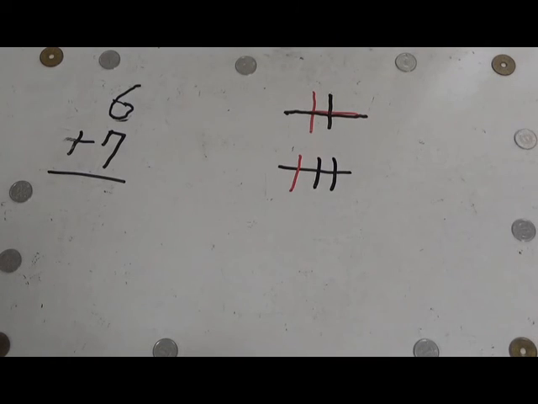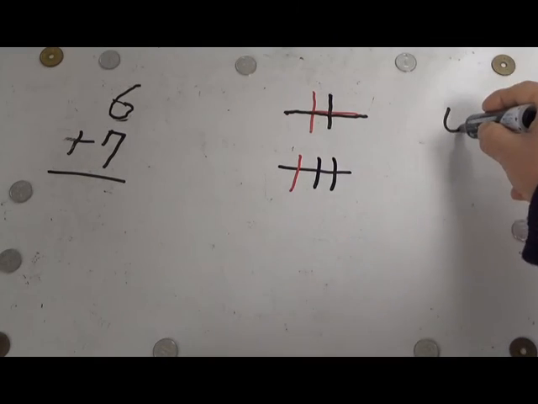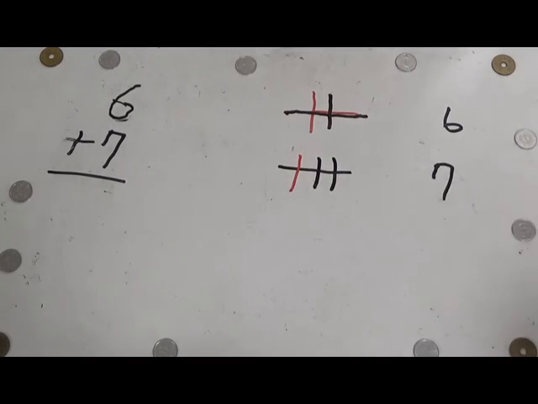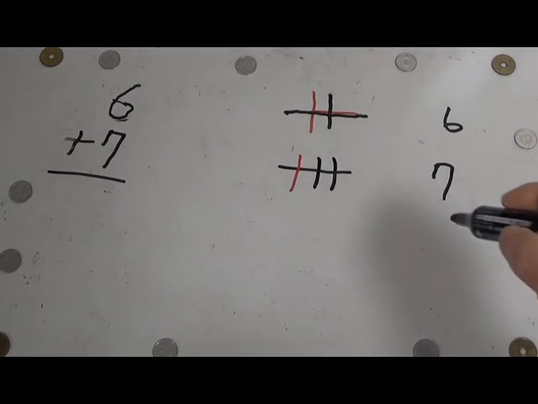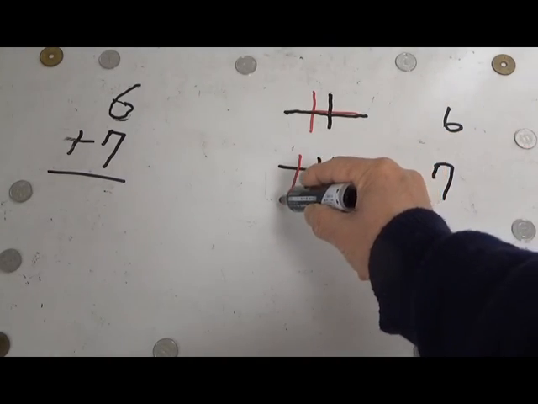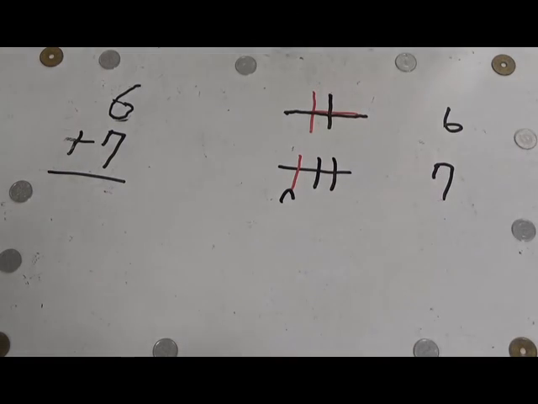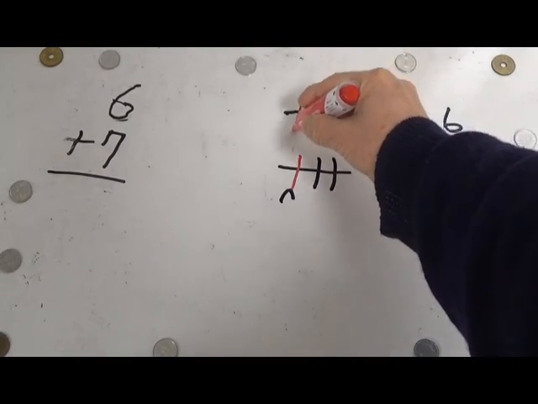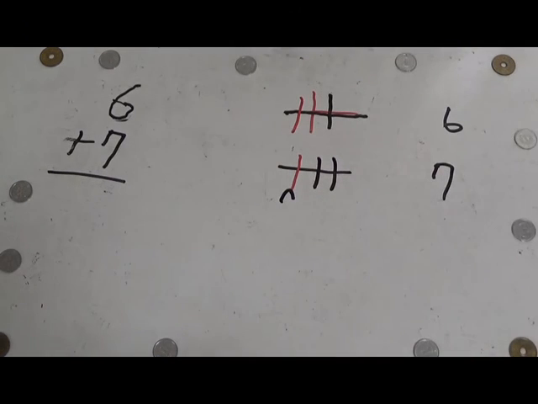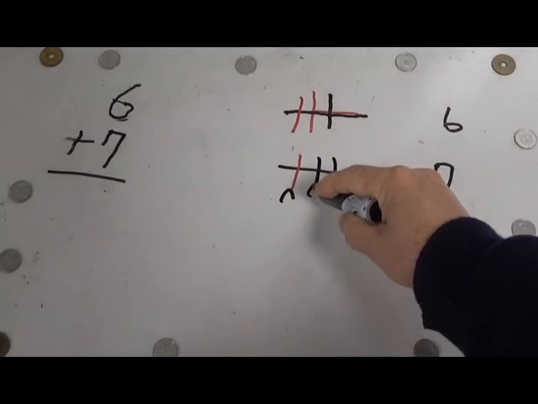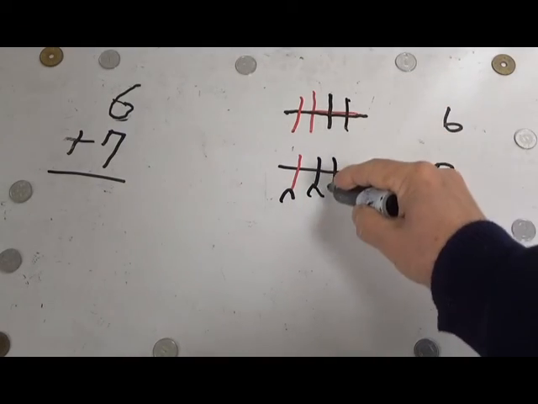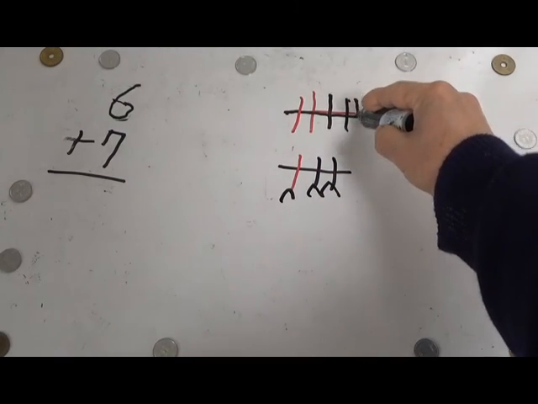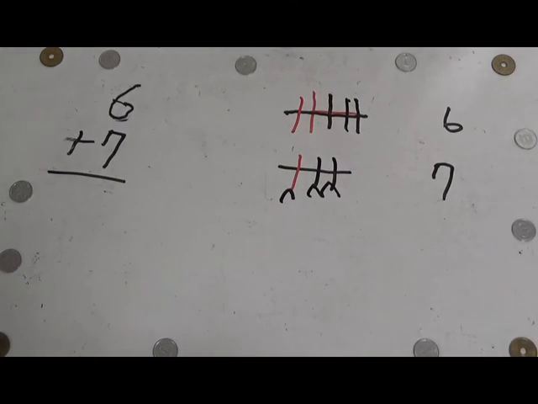Okay, this is 6 and this is 7. Okay, and we add this one. This is moved upward, and this will move upward and join. These 6 and 7 are joined.